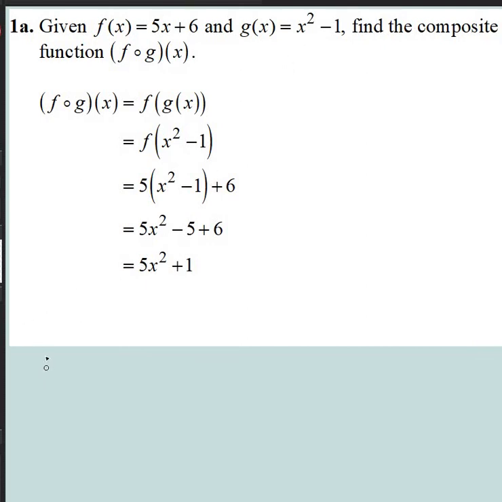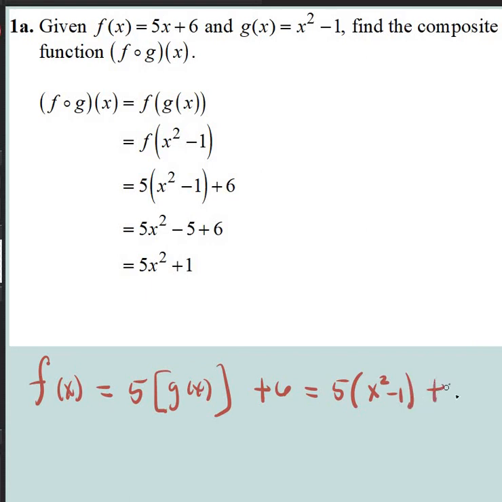So it will look something like this. f of x is the same as 5 g of x plus 6. And then this g of x is actually this x squared minus 1 right in here. So this will look like 5 times x squared minus 1 plus 6.